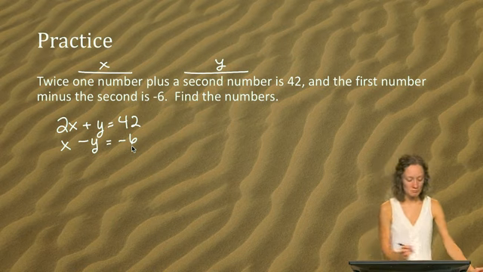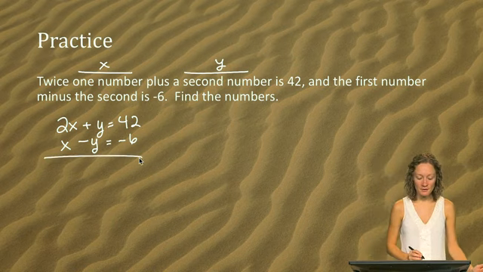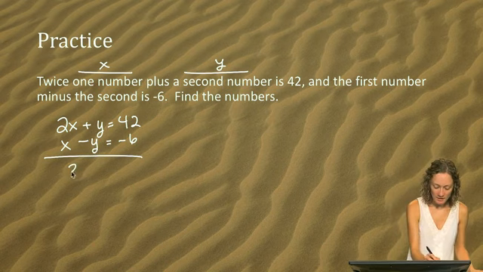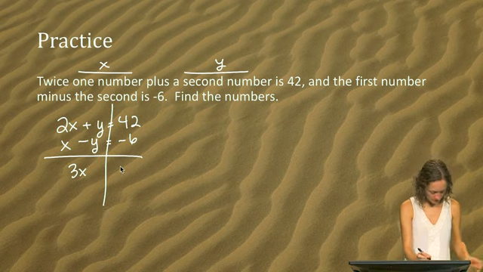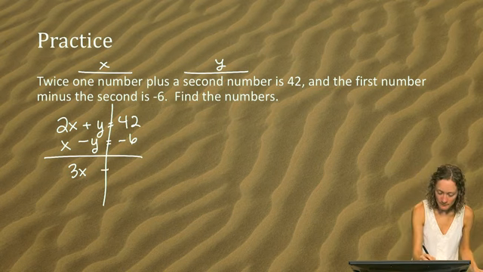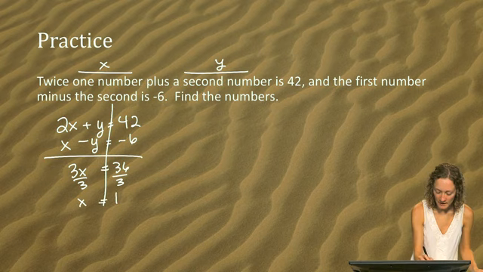Find the numbers. This one sets itself up for elimination. The y's already have the same coefficient, opposite signs. So we eliminate y, combine x, and 42 minus 6 gives us 36. Continue solving. We get x equals 12.